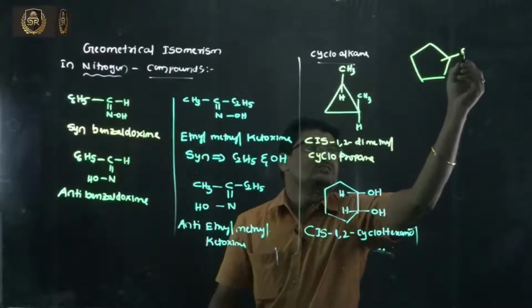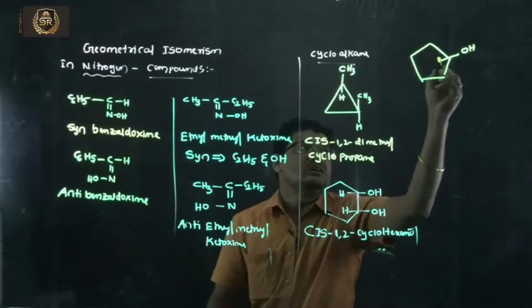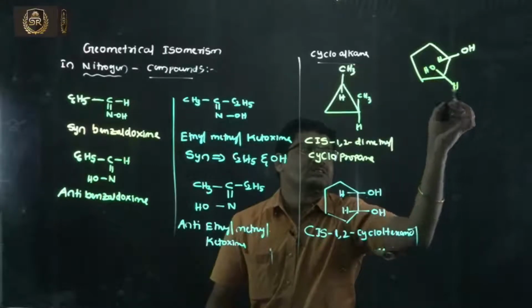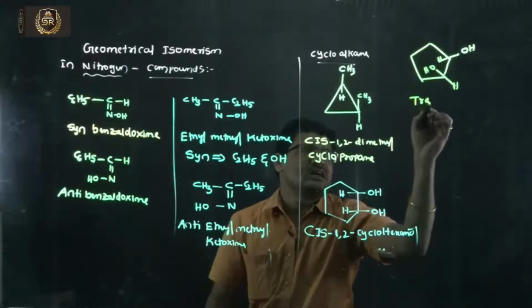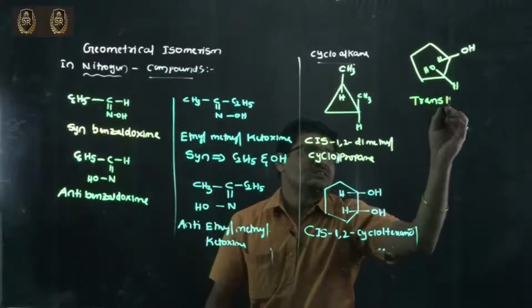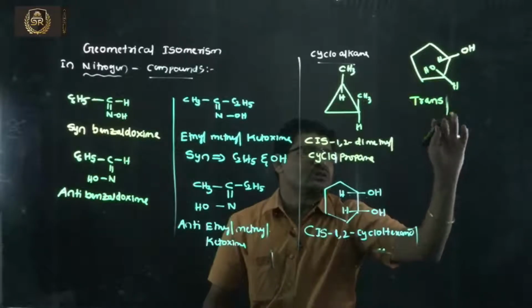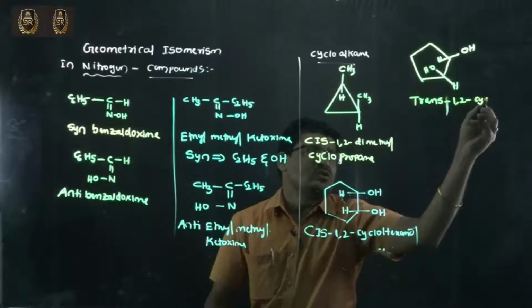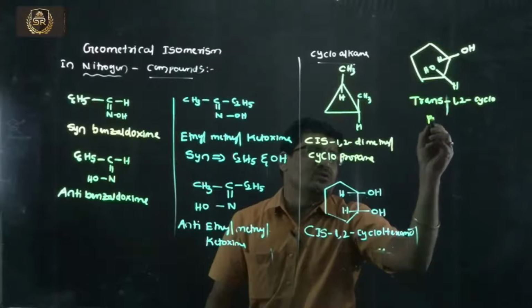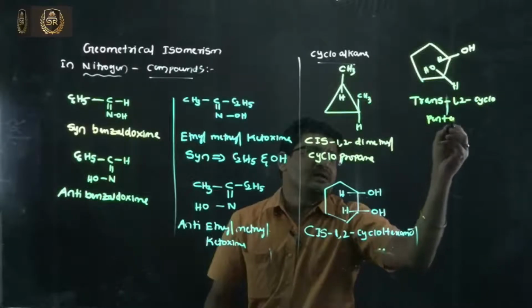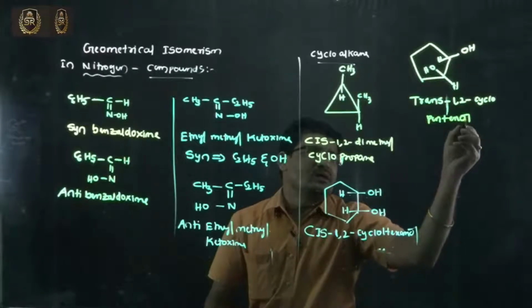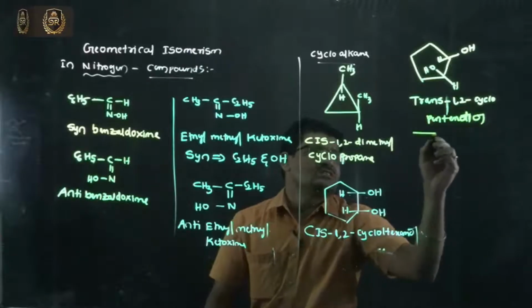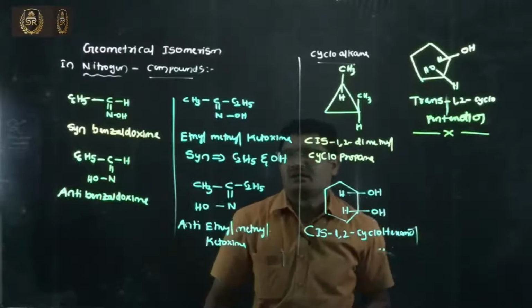This is OH, H. This is OH, H. This name is trans 1,2 cyclopentane diol.